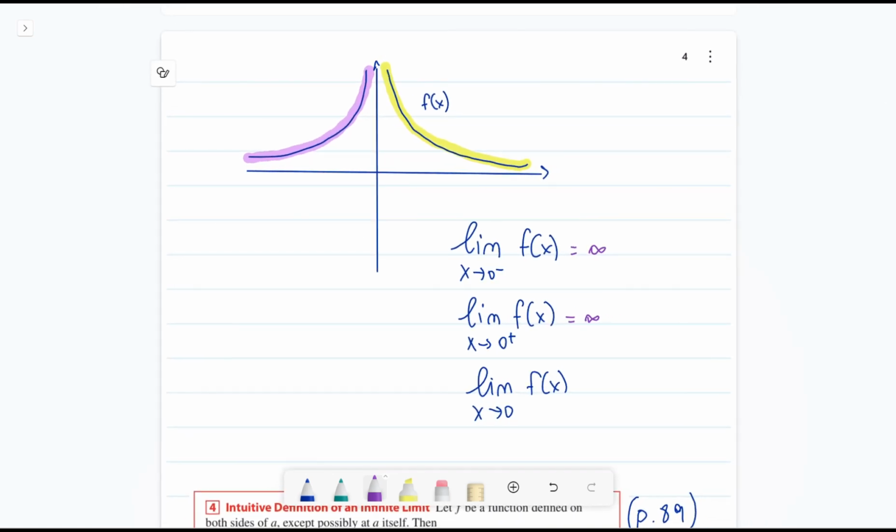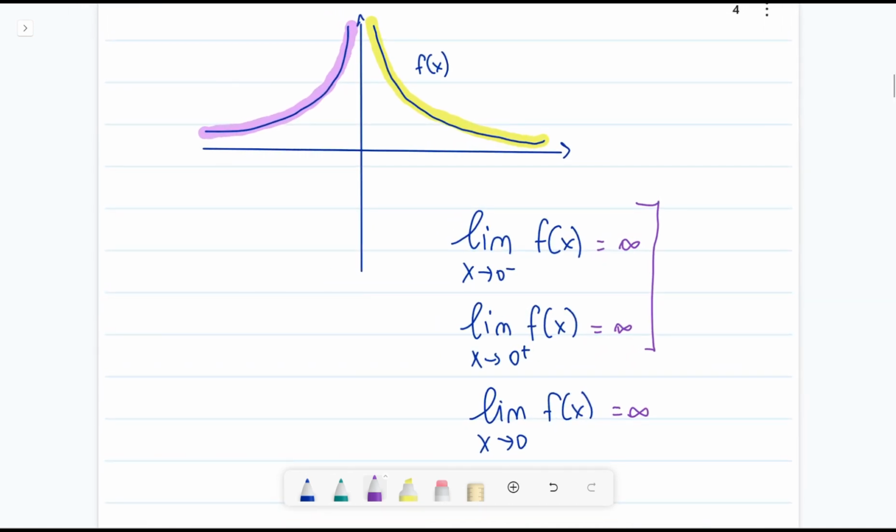Therefore, the limit of f of x as x approaches 0 is infinity, because both the left-hand limit and the right-hand limit gave infinity. And whenever we get an answer that's not a real number, such as infinity, we can say that the limit diverges.